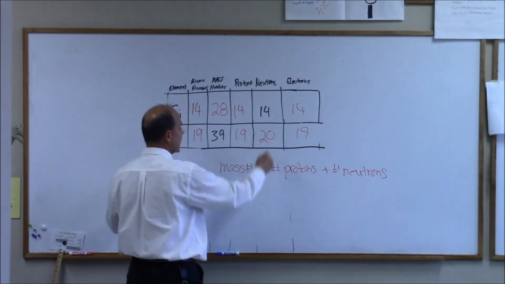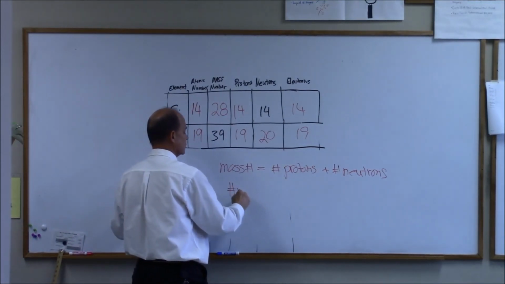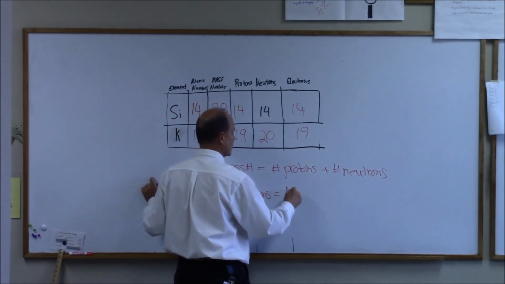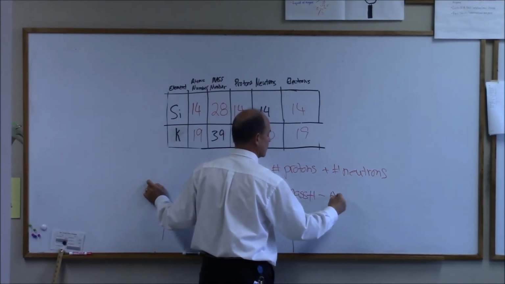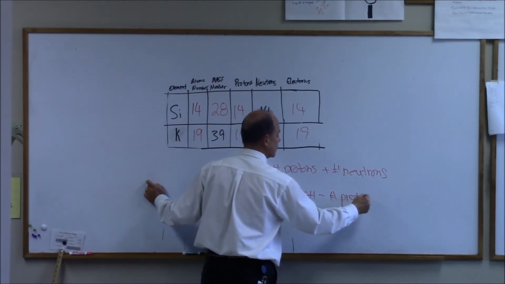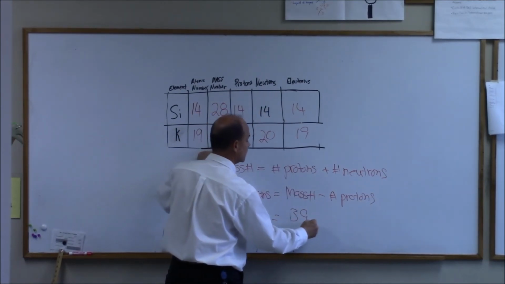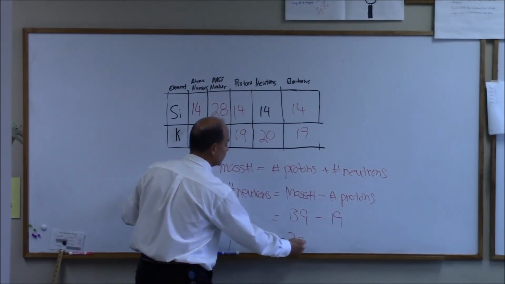You're trying to find out how many neutrons, so you would solve this equation for the number of neutrons. Substitute variables. Mass number 39 minus number of protons 19. 39 minus 19 is equal to 20.